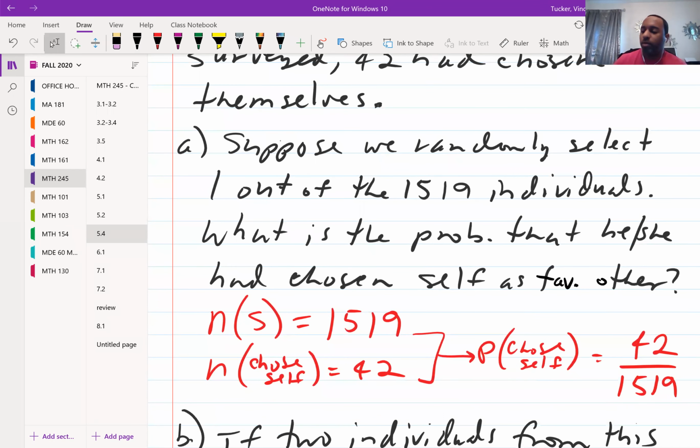All right. So we know the number of our sample space is 1,519. And we have 42 that chose self. So we do 42 over that 1519 to calculate our probability.